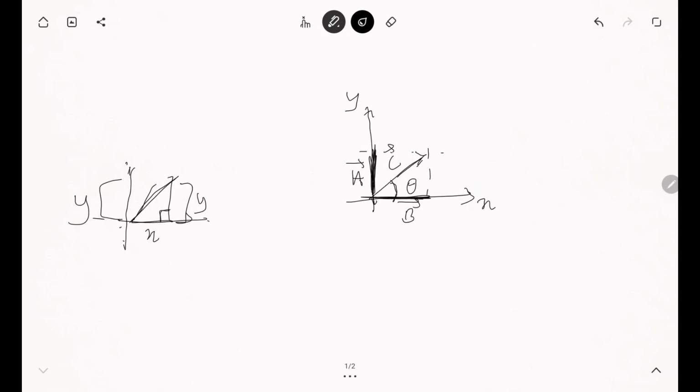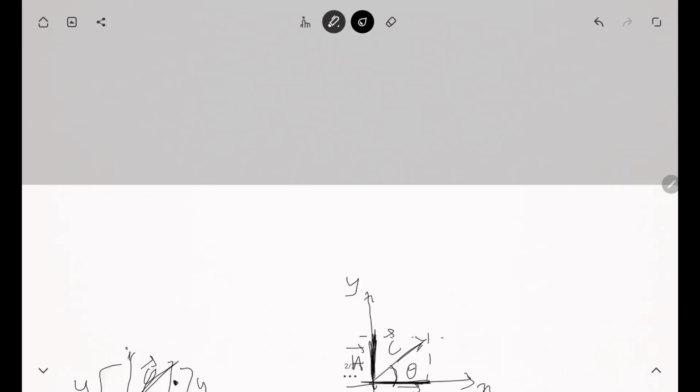So there is a right angle triangle being formed. And now since a right angle triangle is being formed and we know our angle and we know the c vector, we need to know this and this. So to know that, we'll be using the trigonometric ratios sine and cos. So how exactly? Let me explain.